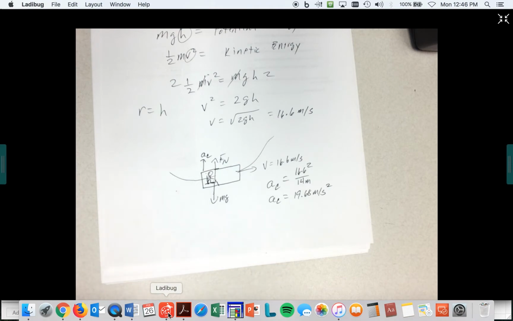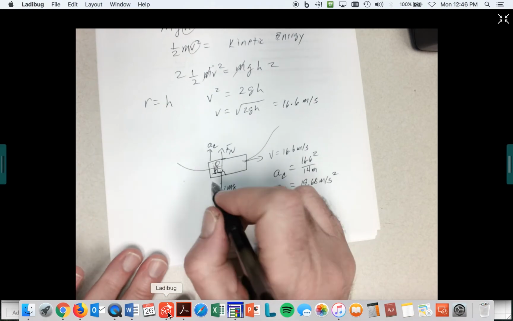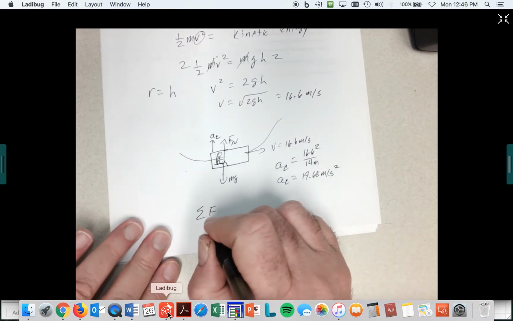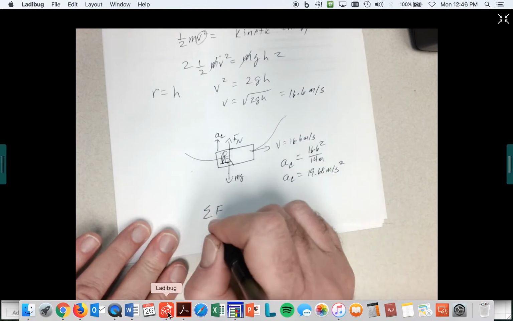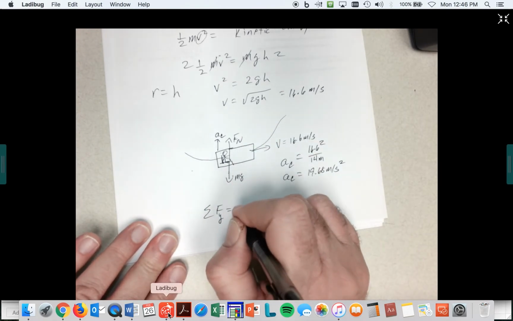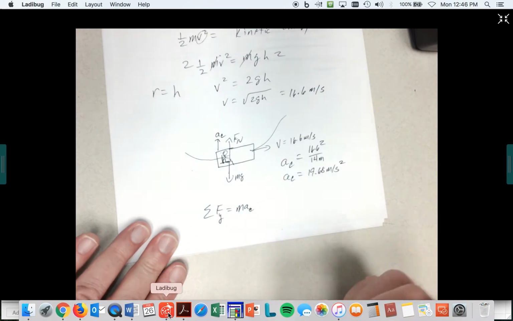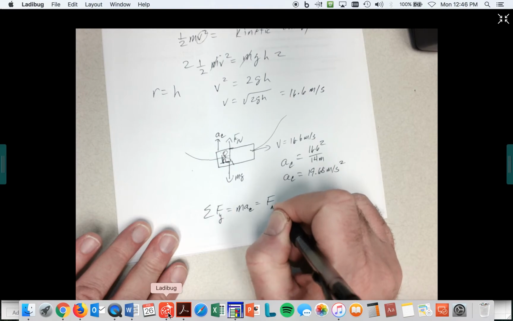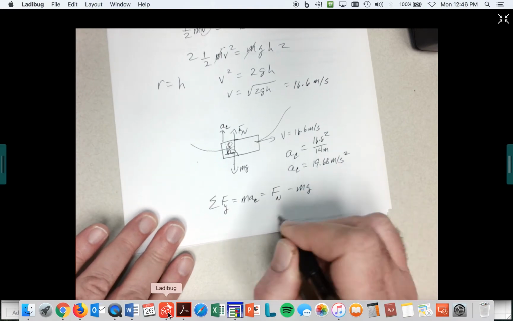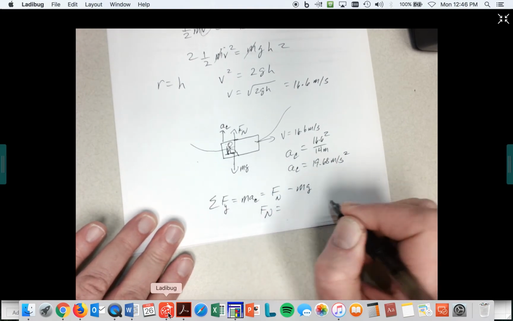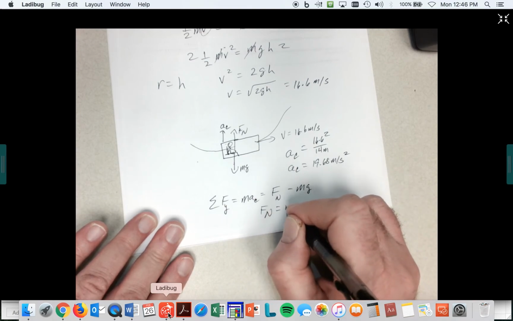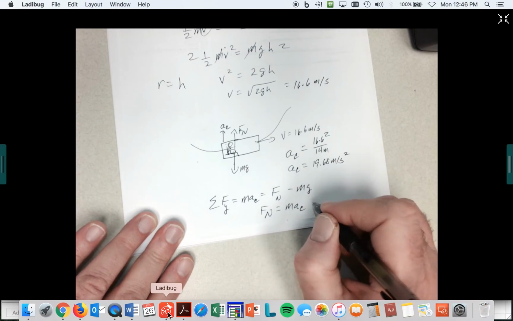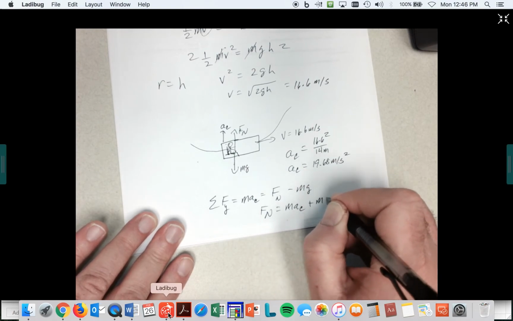But wait, what's the force that she feels? The person sitting in this car. The force that the person sitting in that car feels. So let's look at the sum of the forces in the y direction. Well, it does have a centripetal acceleration going up at that point, which is going to equal the normal force minus mg. Oh my gosh, that normal force is huge. It's going to equal m a_c, which is the mass times this, plus mg.